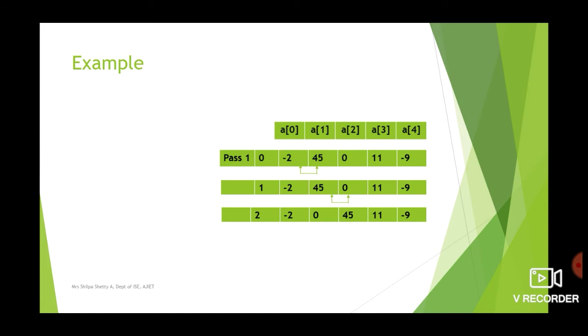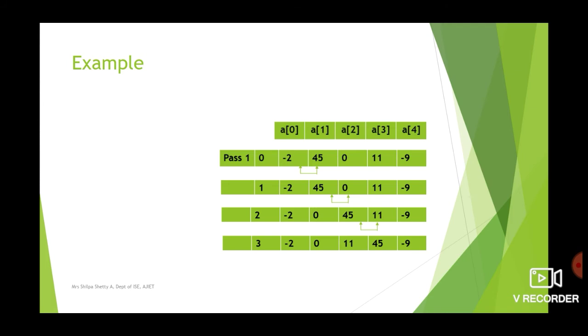Now the third comparison of the first pass. We will compare the next two elements, that is 45 and 11, and again you know that 11 is smaller than 45. So 11 and 45 will now get swapped. Once this is done, the array will look like this: -2, 0, 11, 45 and -9.